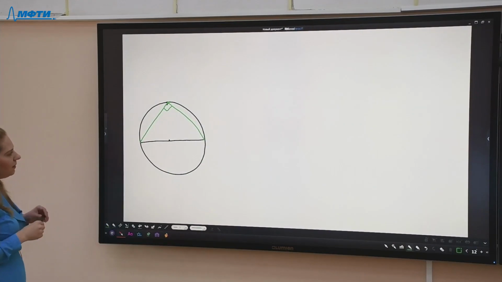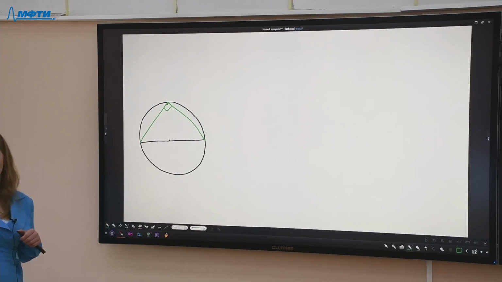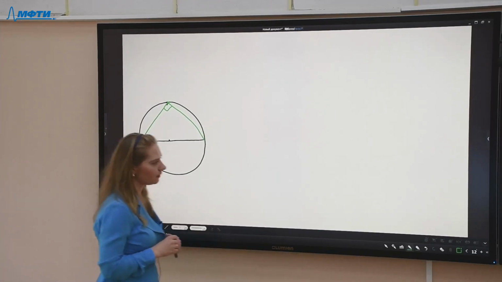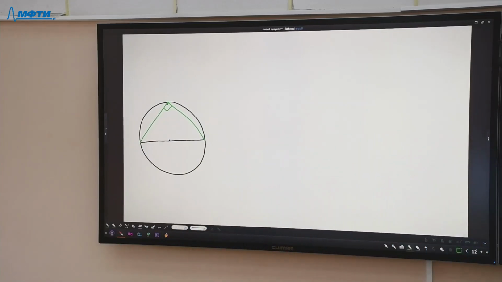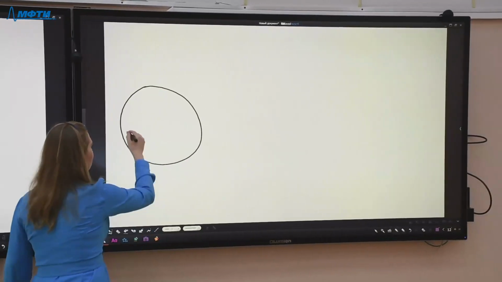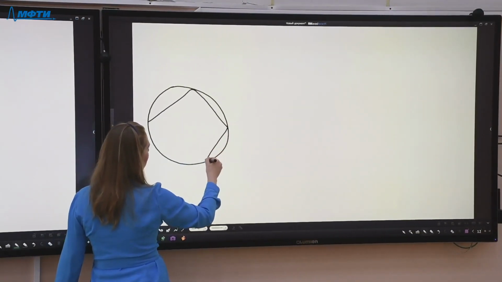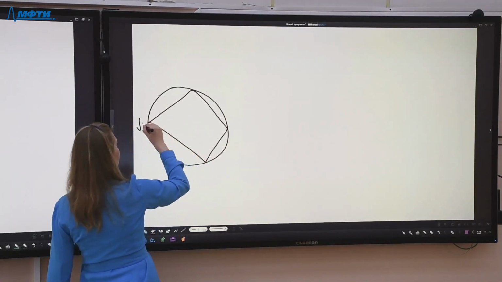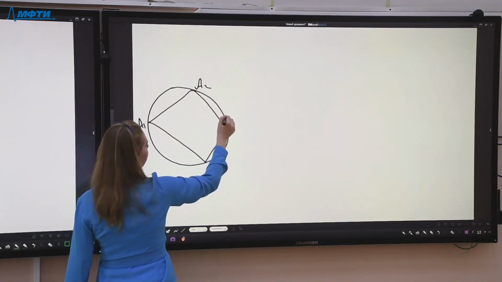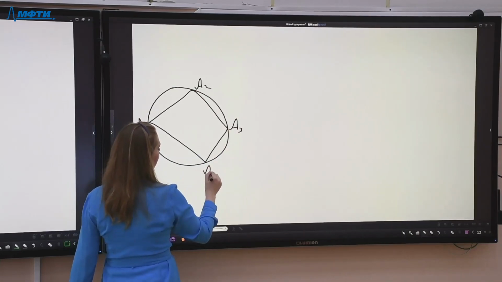What else about circles? Here we can consider so-called inscribed polygons and circumscribed polygons. What are they? So if we have a circle and we have a polygon, and all the vertices of this polygon lie on this circle, A1, A2, A3, A4.